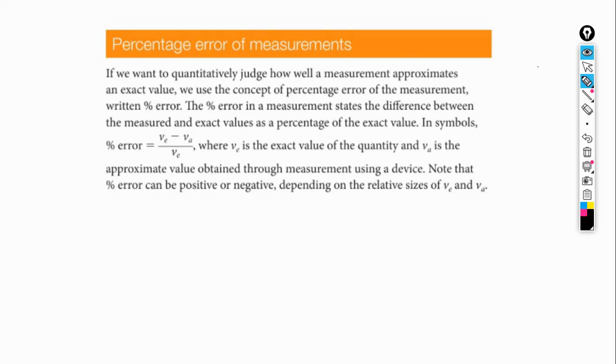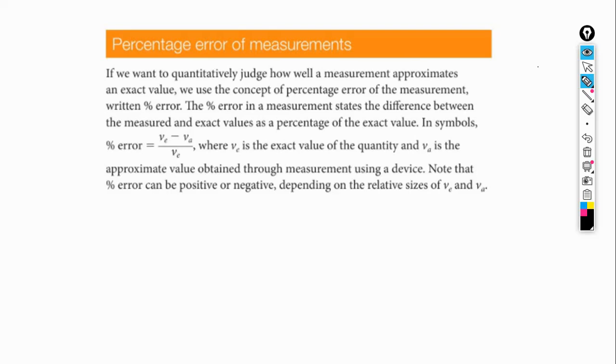They're forgetting something here in this formula, and it's the fact that we have to multiply the result of this division by 100, right, if we want to get the percentage error. And it says, note that the percentage error can be positive or negative depending on the relative sizes of the exact value and the measured value or approximate value.